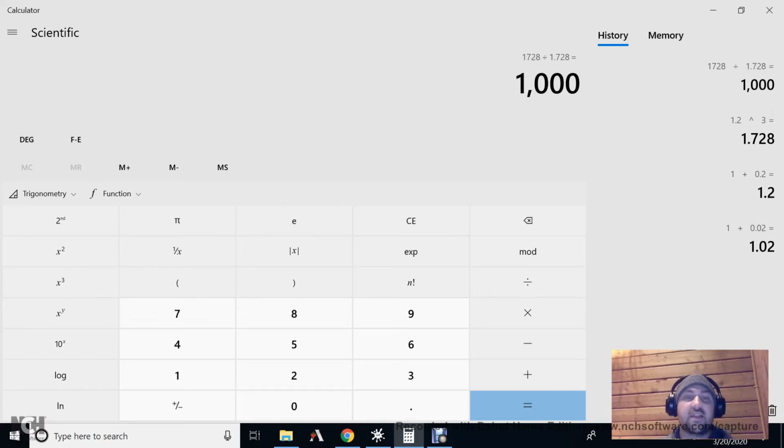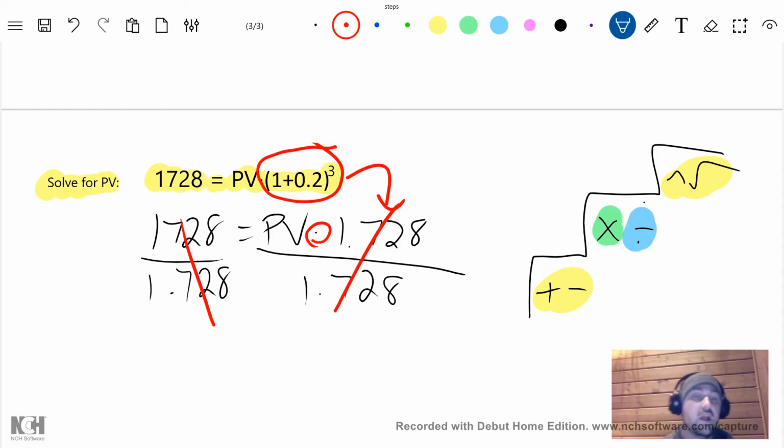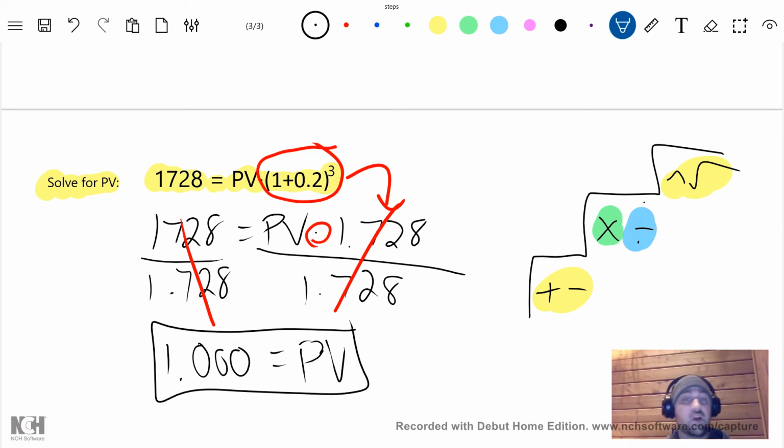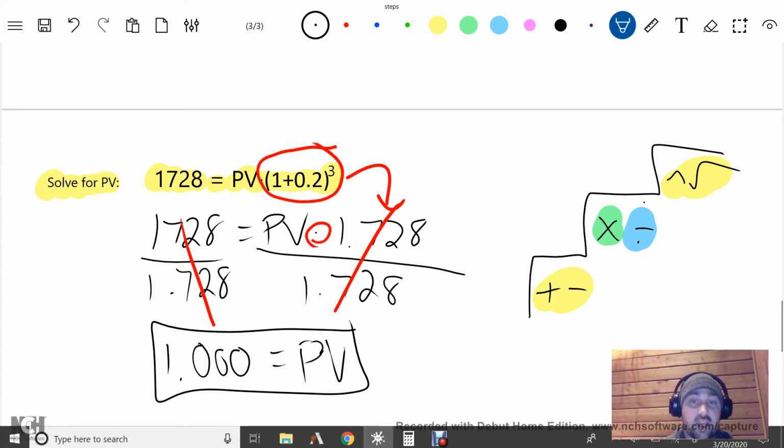The implication is that the present value, the amount that you invested originally, is $1,000. So we end up with 1,000 equals present value.